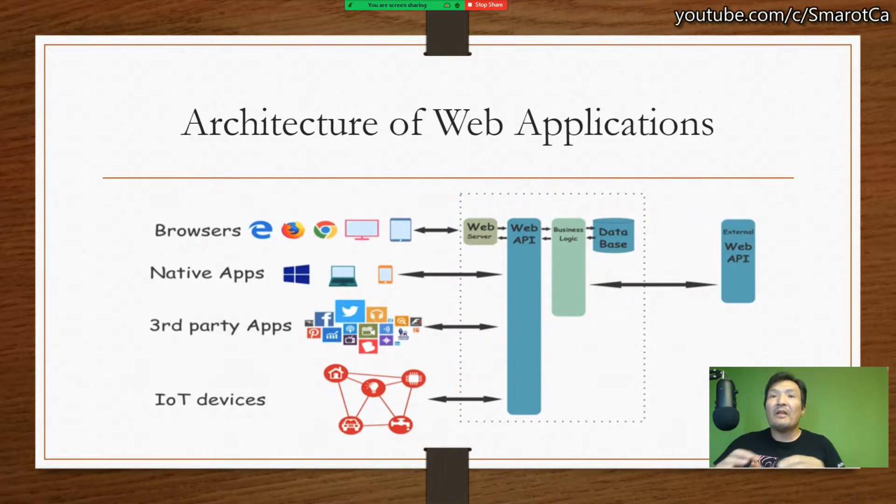So guys, we can have many different kinds of front ends. We can have front end in the browser, but also we can have native applications for Windows, for Mac, for Android, for iPhone.